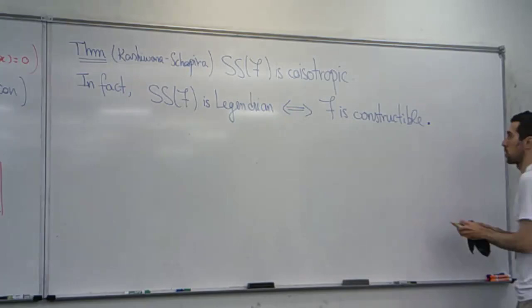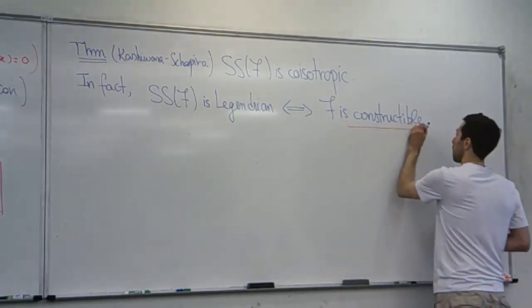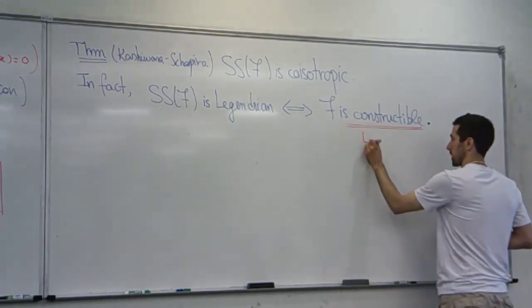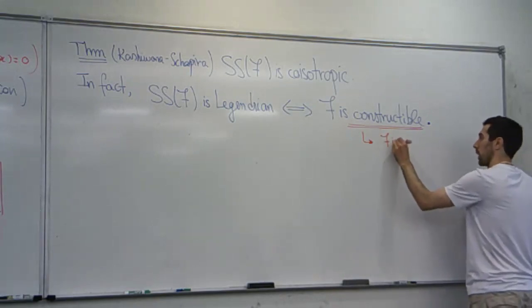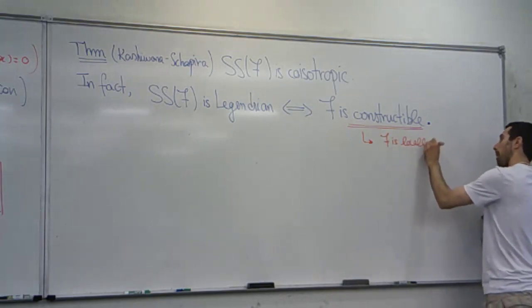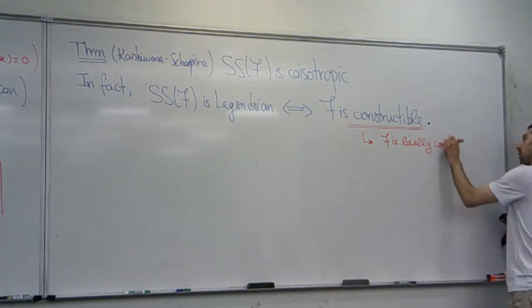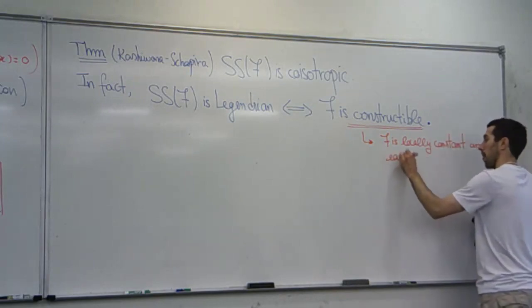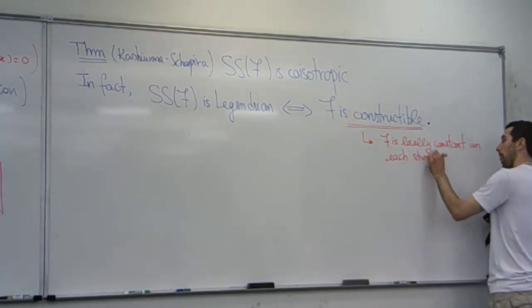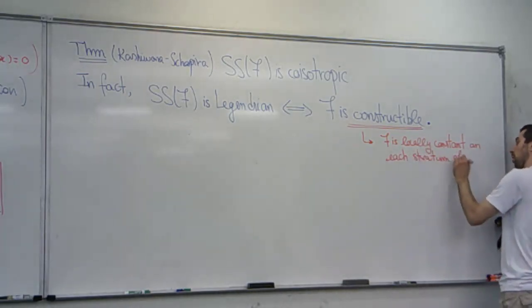Now, what is the intuition for constructible? For now, as a little peek for tomorrow, we're just going to say that it's locally constant on each piece of the front, on each stratum of the front.